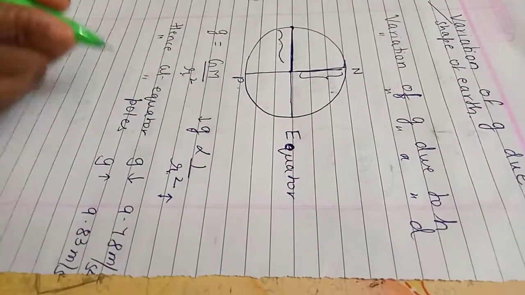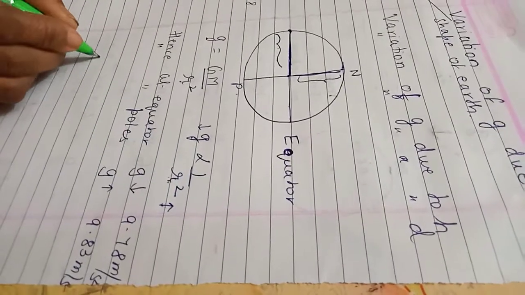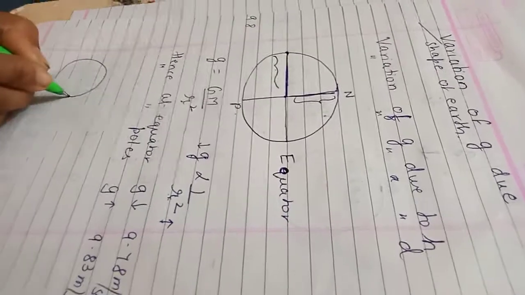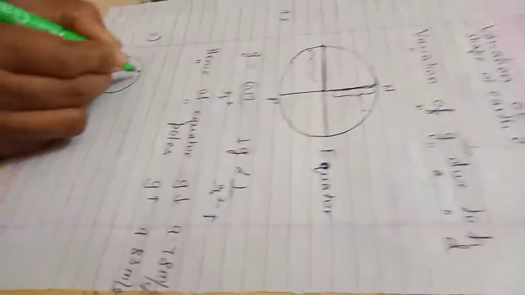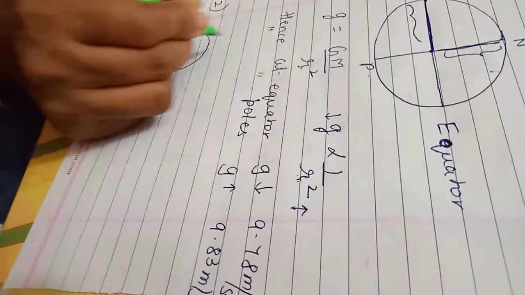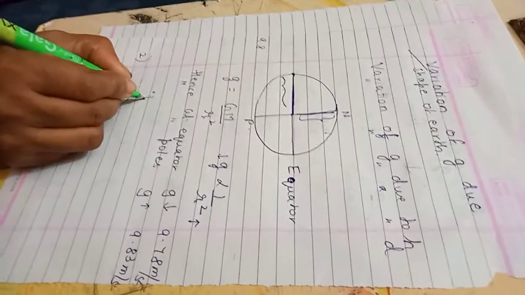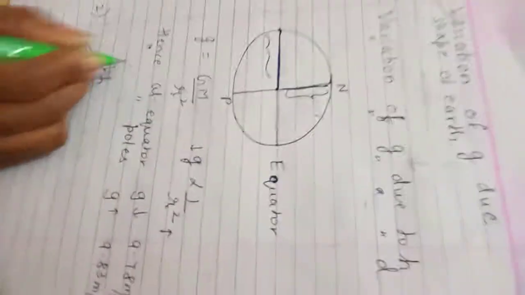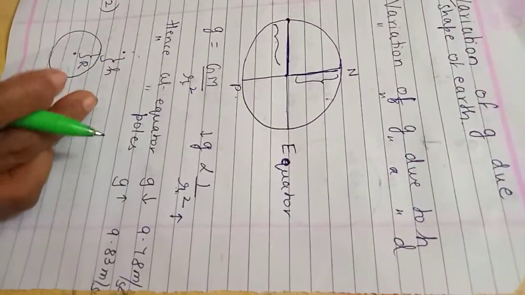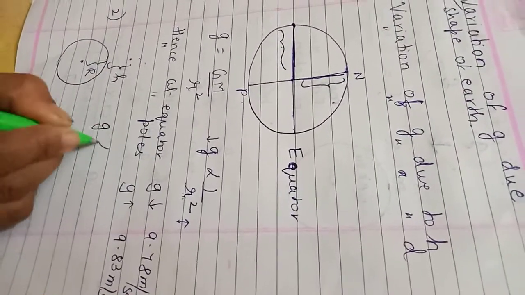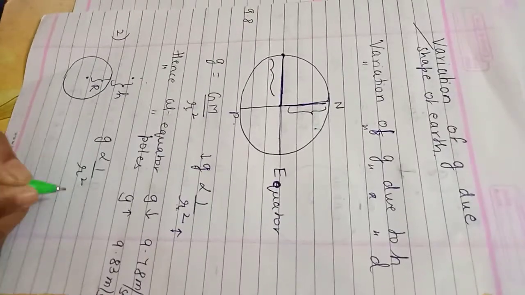Okay? Now observe this here. Condition number 2 we will discuss. This is Earth's center. This is Earth's radius. As we move higher from the Earth's surface, distance increases, and acceleration due to gravity is inversely proportional to the square of the distance.